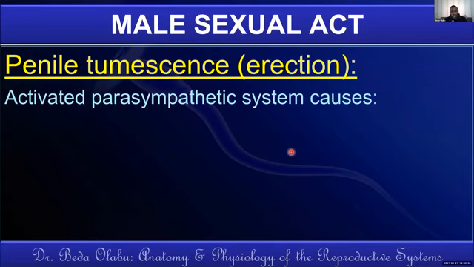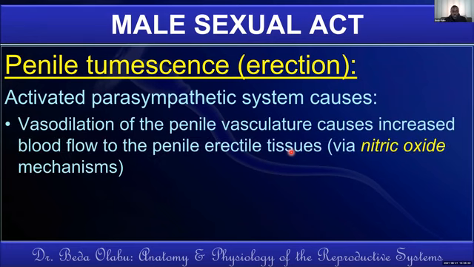So what happens? What does the parasympathetic system actually do so that erection takes place? In our earlier talk of the autonomic nervous system, we said that sympathetic is vasoconstrictive, and we said that parasympathetic does not really act on blood vessels, except the blood vessels of the penile vasculature. So the blood vessels in the penis respond to parasympathetic stimulation by undergoing vasodilation.